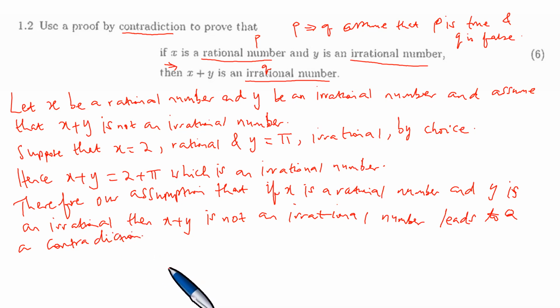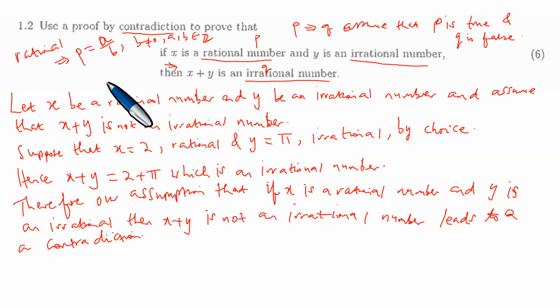Can you explain what rational and irrational is? Yes. A number p is rational if it can be written in the form a over b, where a and b are relatively prime integers and b is not zero.